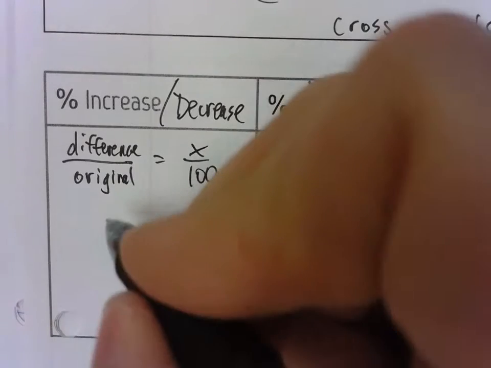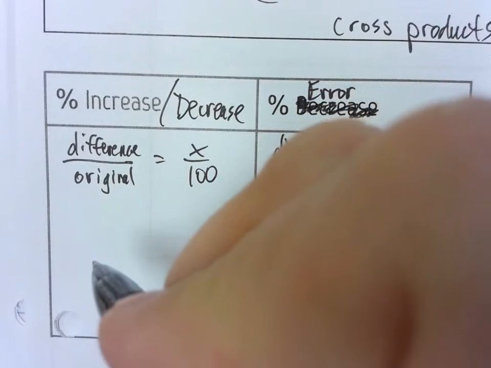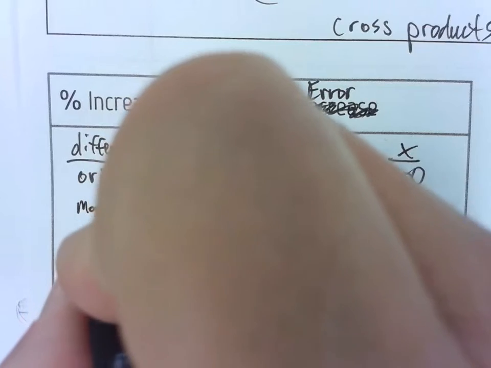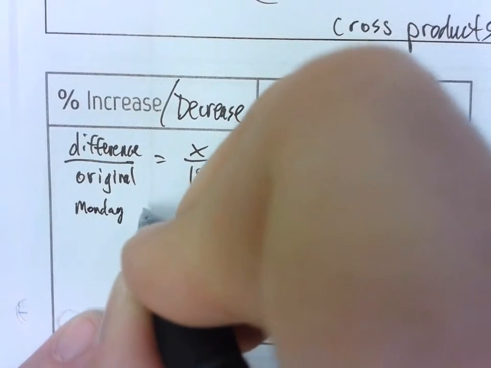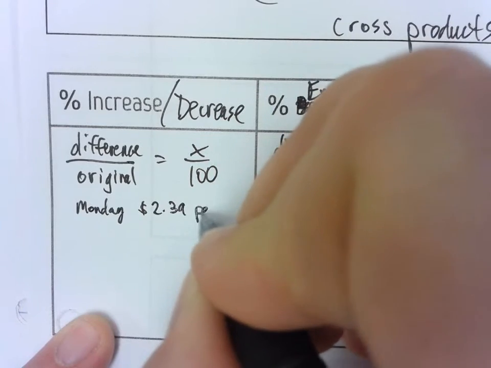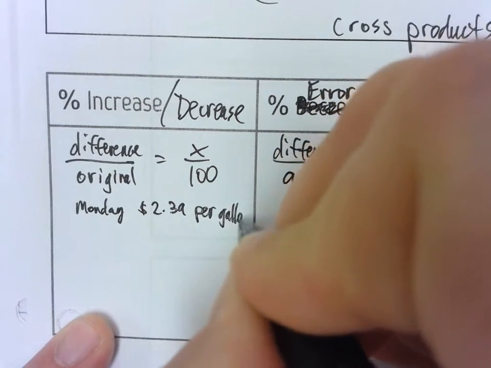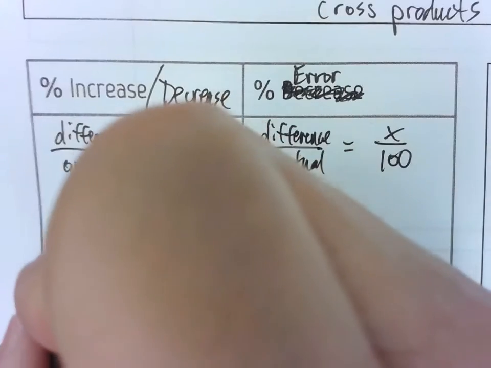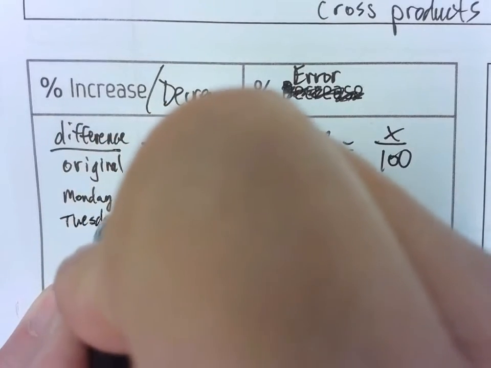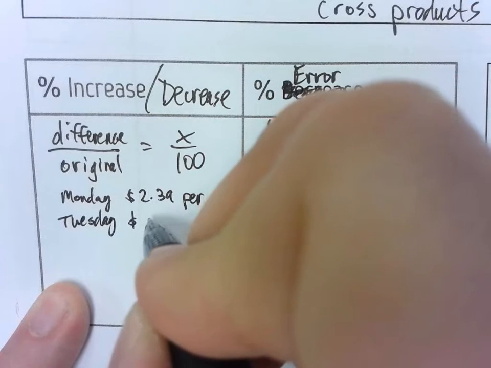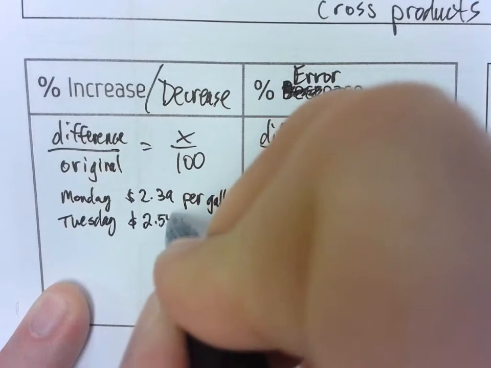Let's say that when you went to the gas pump on Monday morning, the gas was $2.39 per gallon. Then when you went by there on Tuesday morning, it had gone up to $2.54 per gallon.